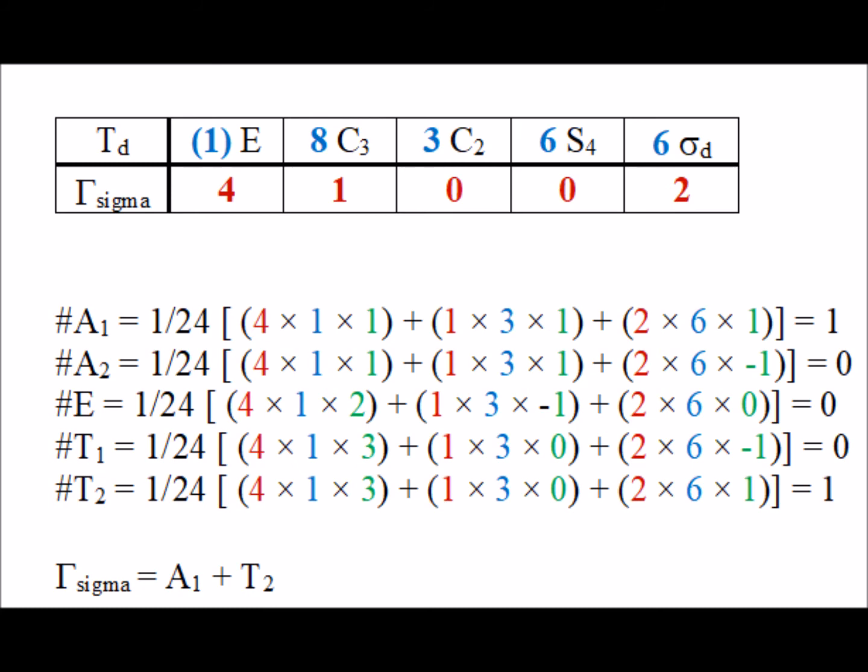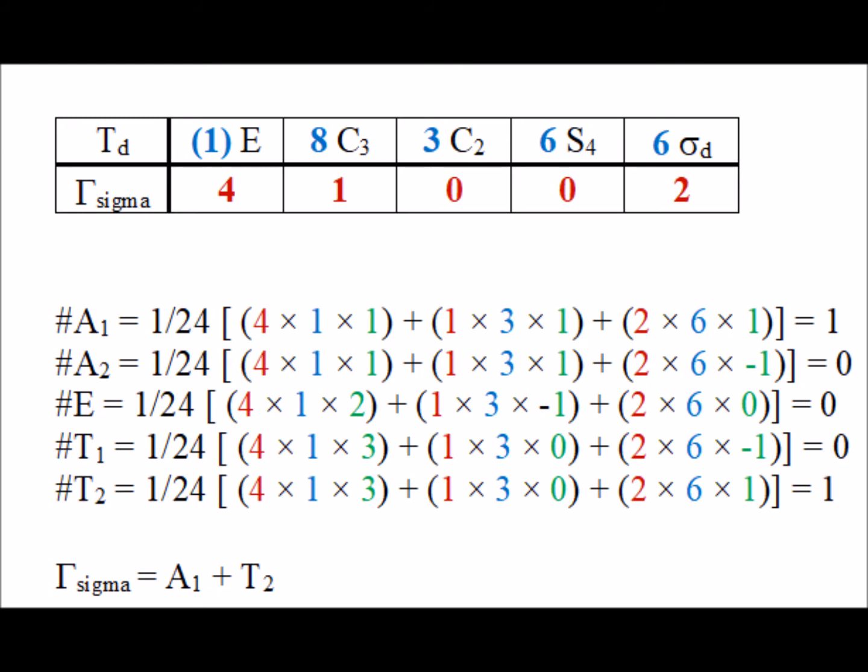This means that we can now write down that gamma sub sigma is equal to 1A1 plus 1T2. If we omit the leading coefficients of 1, it's simply equal to A1 plus T2.